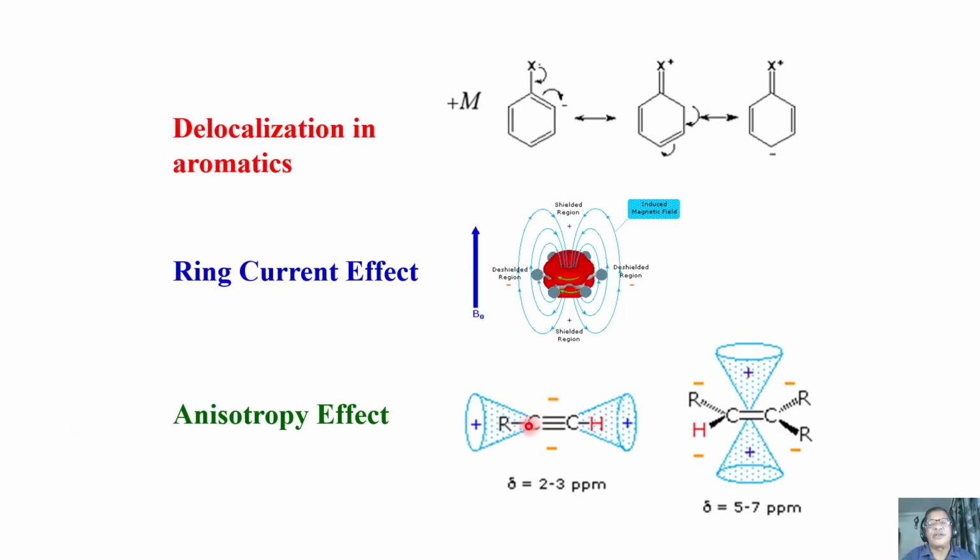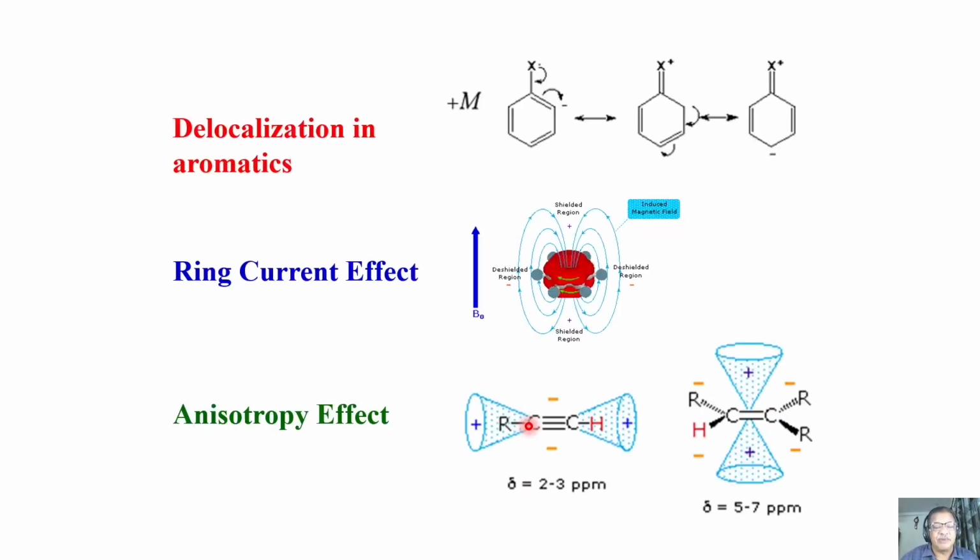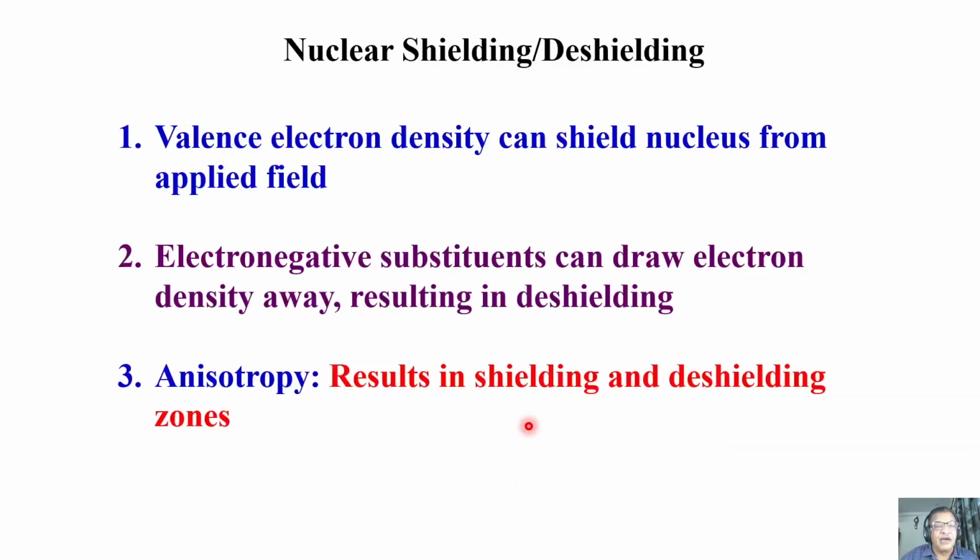All these effects are present. Based on this, we can interpret the NMR spectrum and make assignments about the peaks which are coming at different regions of the spectrum. With this, I will come back and tell you more about nuclear shielding and deshielding, and a few examples of how the spectrum can be interpreted based on where the peak is coming.